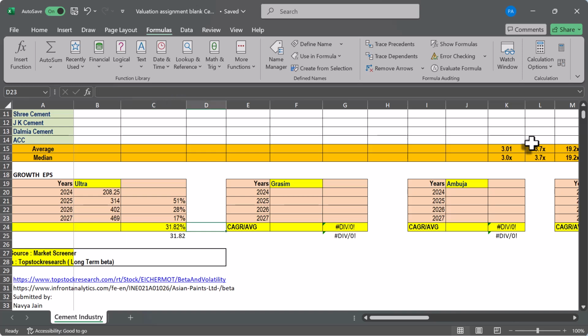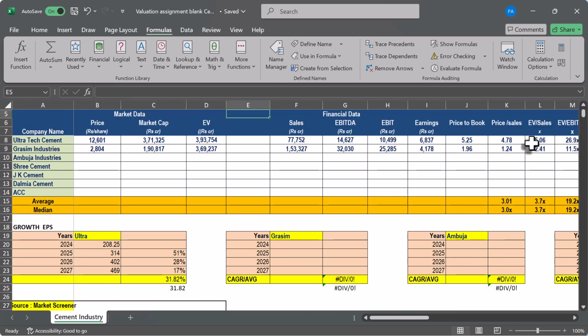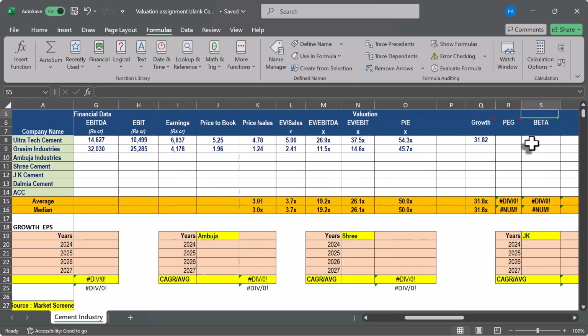Then we have calculated the PEG ratio, which is the P/E ratio divided by growth. So it is 1.17. What does it mean? If a company's PEG ratio is 1 or below 1, then 1 or below is the ideal number.